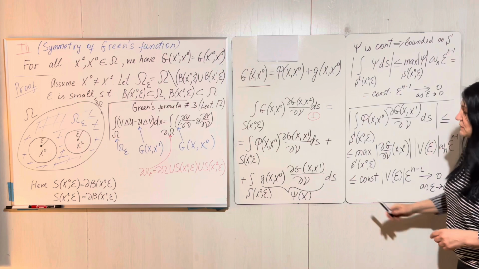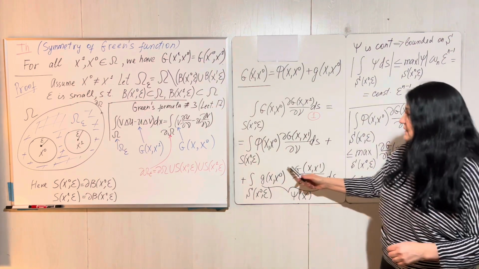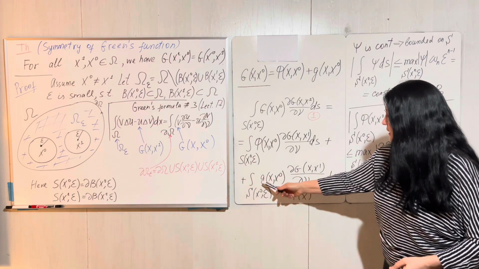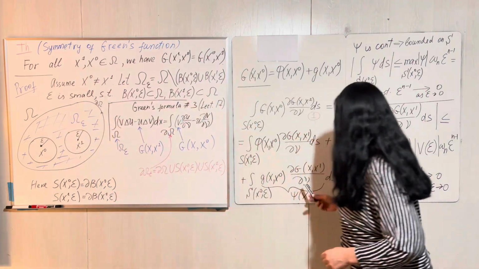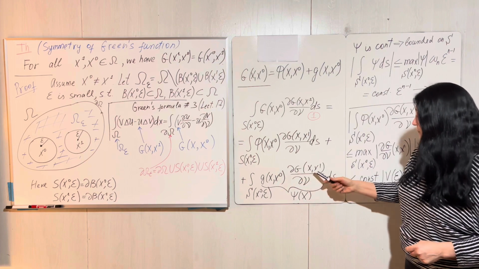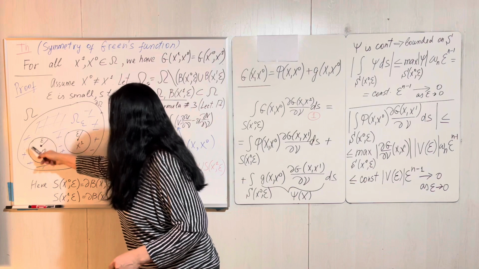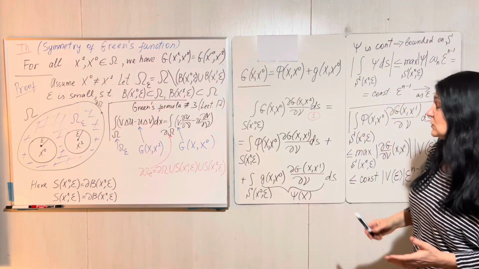Look at this function as a function of x. We know that little g is continuous everywhere in the domain omega, and the other function, away from its singularity, is also continuous.